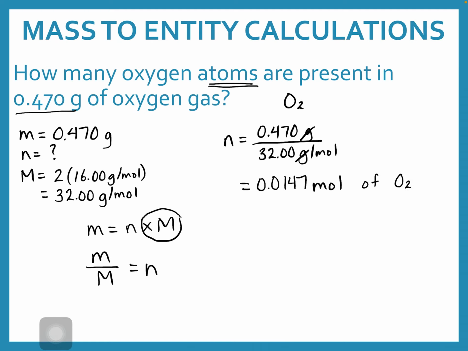I can calculate how many molecules of oxygen that is. Every mole of something is 6.02 times 10 to the 23. I have 0.0147 moles, so I can multiply that by 6.02 times 10 to the 23.